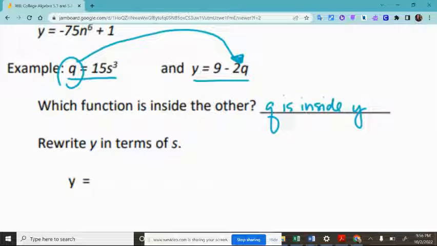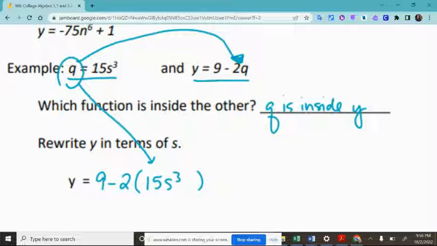So we could rewrite y. You say that 3 times fast. We could rewrite this, and instead of putting a q in here, what could we put in there? We could put in there what we said q is, right? We said that q is 15s squared cubed. That's what this says.